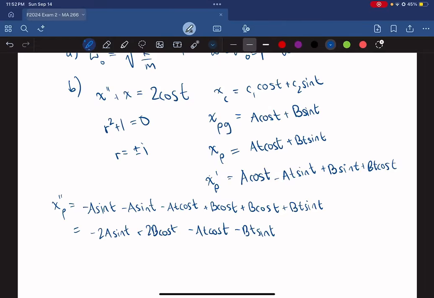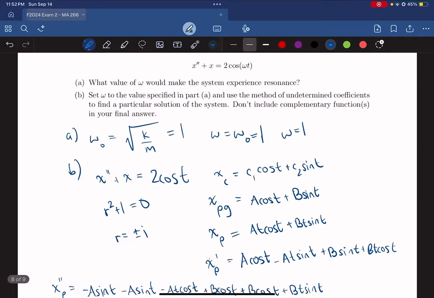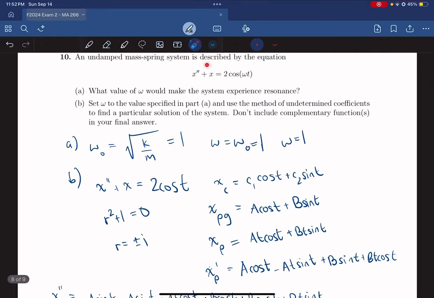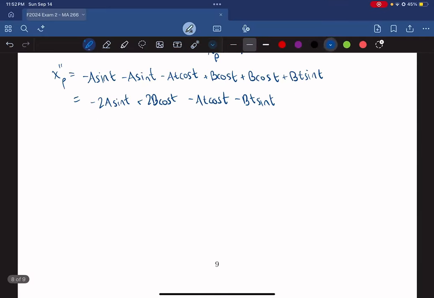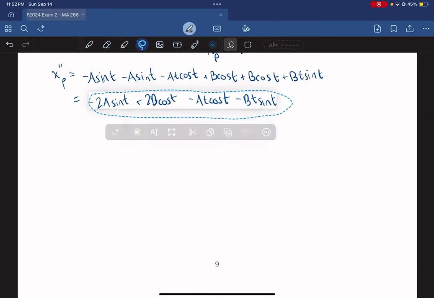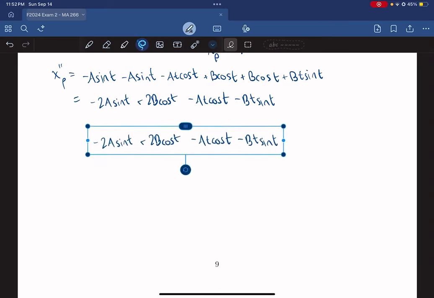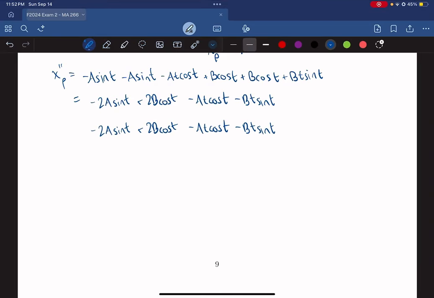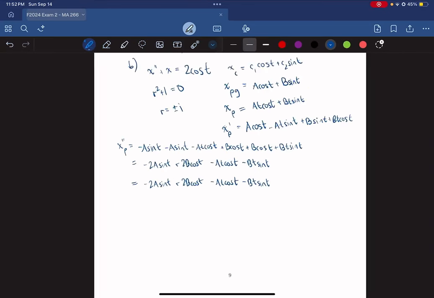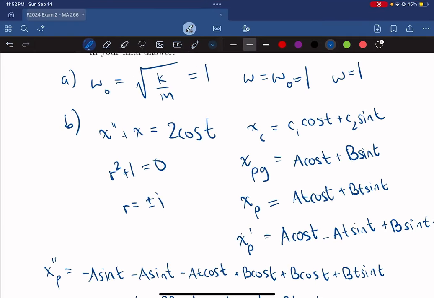Let's do it again. So you have your x double prime and your x, and now you're going to plug it back into here. So you have negative 2a sine t, I'm just going to copy this down, and then we have plus x right here.